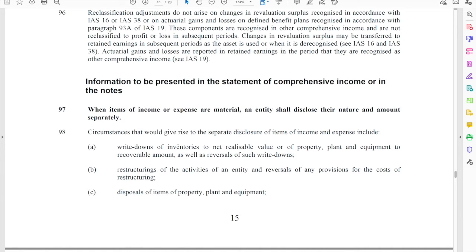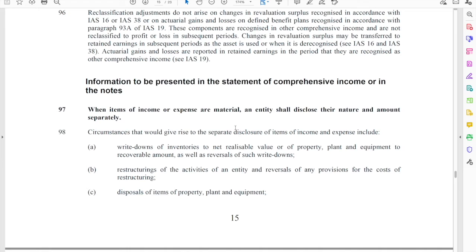Then, just a quick discussion as well. There are certain items in the income statement or statement of comprehensive income that should be or may be disclosed on the notes of financial statements.